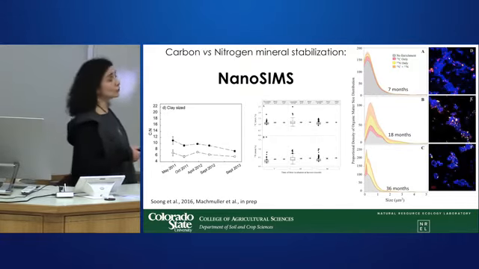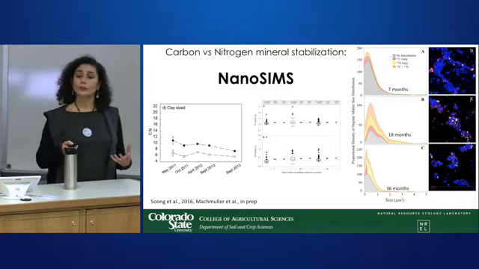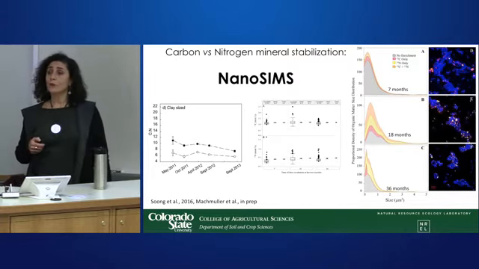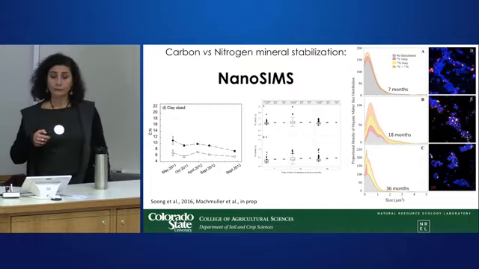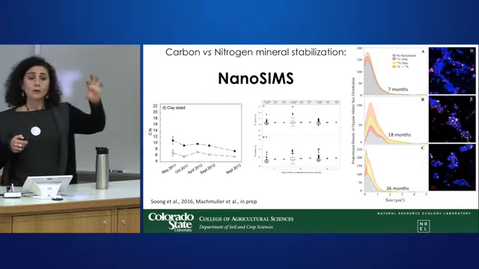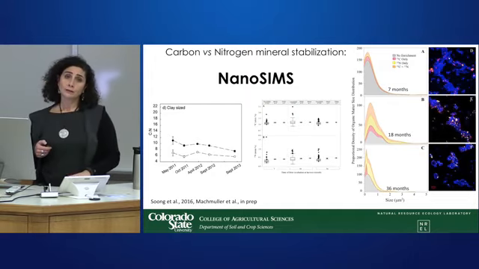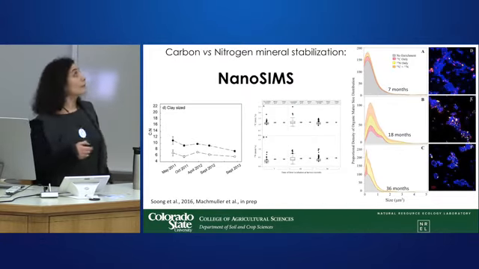So that was reassuring that this was a good method. And what we analyzed was a clay fraction from each of the time sequence that we followed in the field.